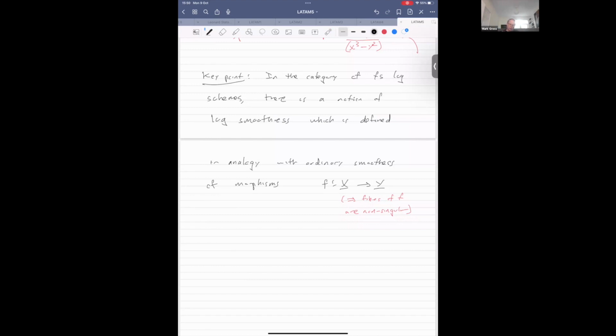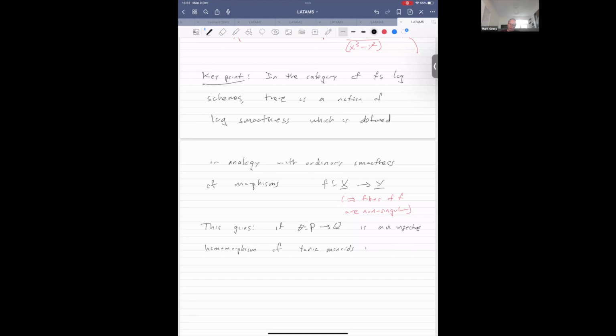So without giving the definition of log smoothness, let me do some of the crucial properties. Let's say theta from P to Q is an injective homomorphism of toric monoids.